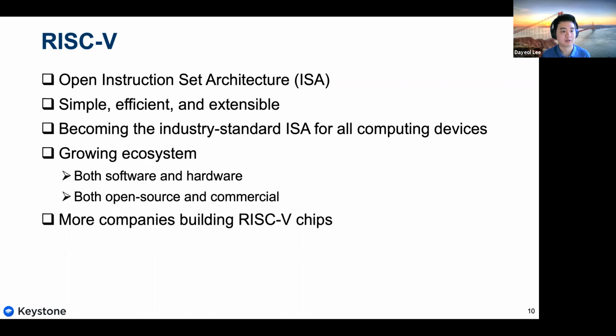And more companies are getting involved in this area and building their own RISC-V chips. A lot of microcontrollers or embedded devices are already being built with RISC-V, and we're expecting very high performance server class RISC-V processors in hopefully a few years.